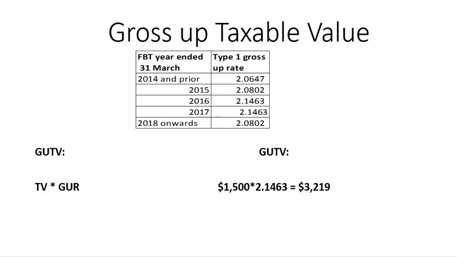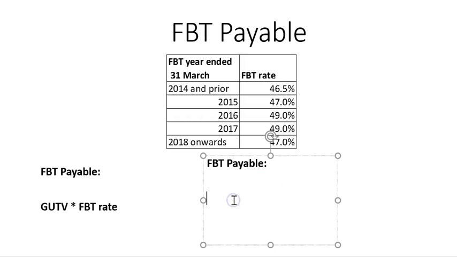Okay, so next we need to work out the fringe benefits tax payable. So the way we do this is we take the grossed up taxable value, which we just calculated, and multiply it by the FBT rate. The grossed up taxable value is 3,219, so we just did that. Now FBT rate is 49%. So the FBT year is 1st of April to 31 March every year.